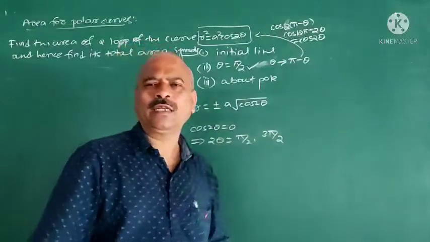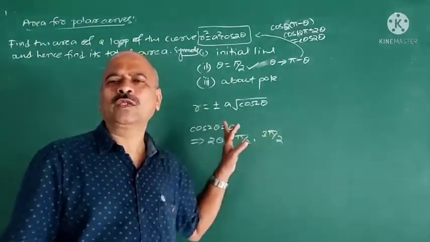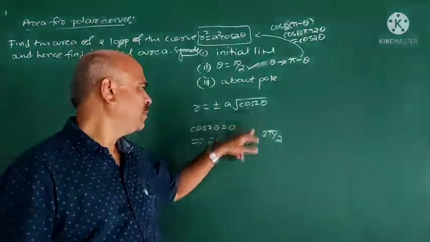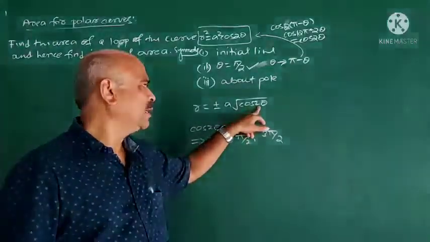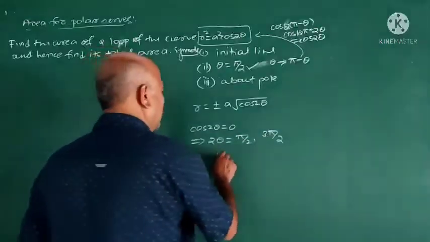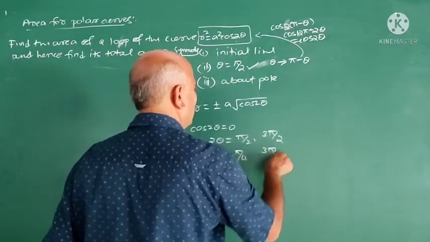The general value we don't take, only two values because there are 4 quadrants. So 2 theta is pi by 2, 2 theta is 3 pi by 2. Therefore, theta is pi by 4, theta is 3 pi by 4.